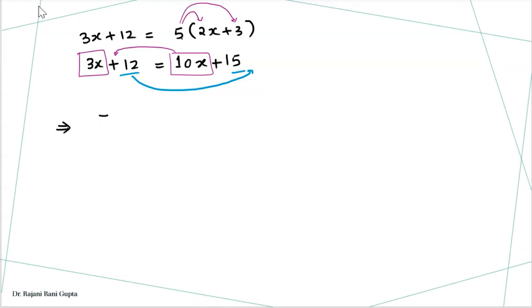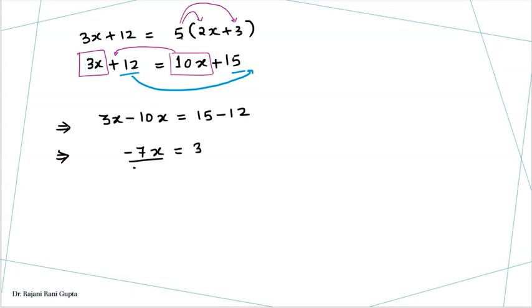The left side, it is 3x. 12 is going on the other side, so we are not writing it. 10x, when it moved to the left side, here the sign is plus, so it changed to minus. Equal. Here you have 15 with the positive sign. This plus 12 when moved to the other side becomes minus 12. Now just simplify. 3 minus 10 gives you minus 7x and 15 minus 12 gives you 3.